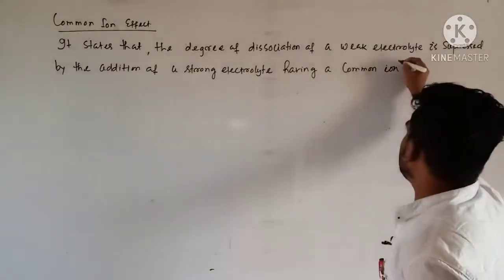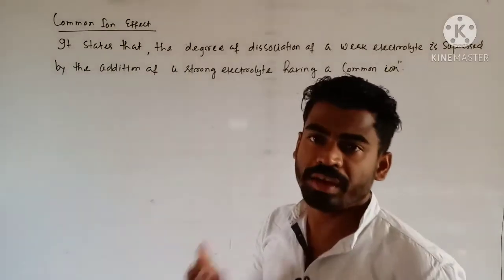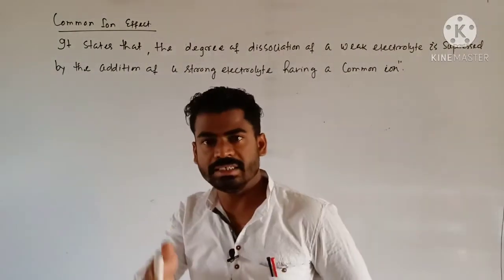This is called the common ion effect. The degree of dissociation alpha of a weak electrolyte is suppressed, is reduced.